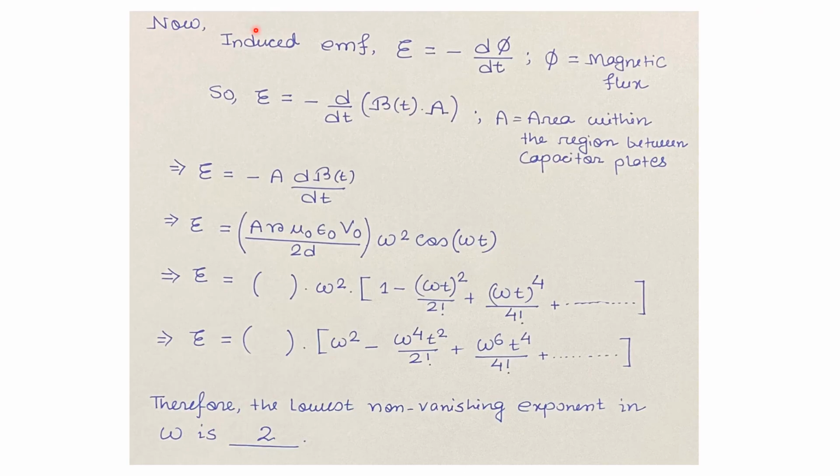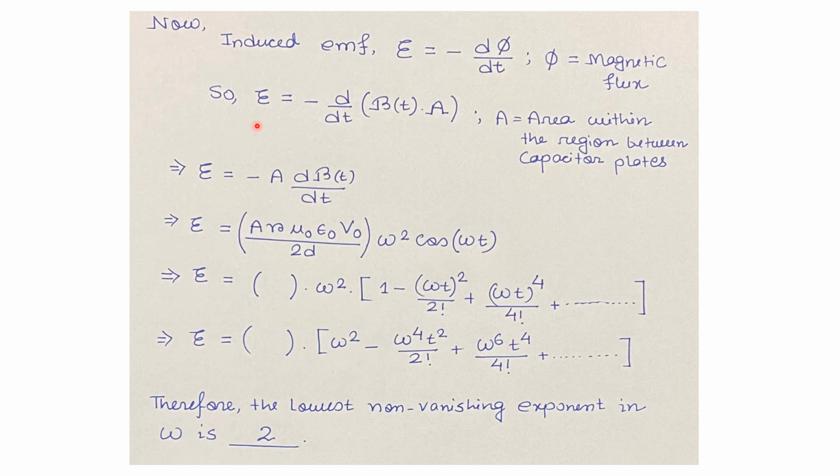Now, according to Faraday's law of electromagnetic induction, we know that if a time varying magnetic flux exists in a region, then there will be an induced electromotive force, and that is given by induced EMF E equals minus d phi by dt. Here phi is the time varying magnetic flux in the region.